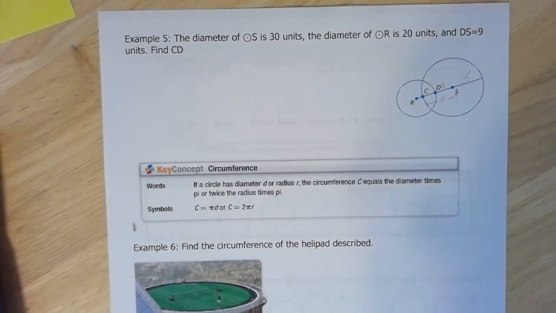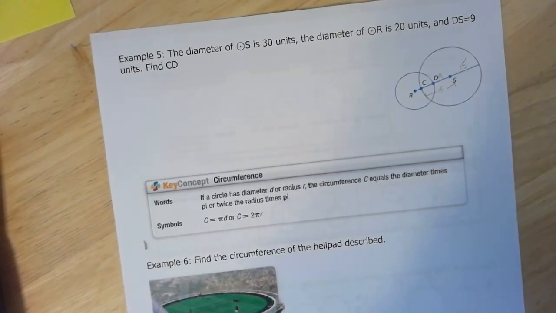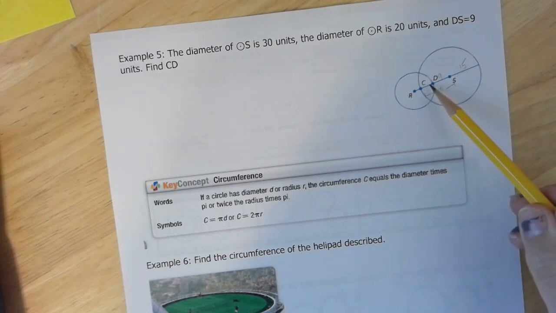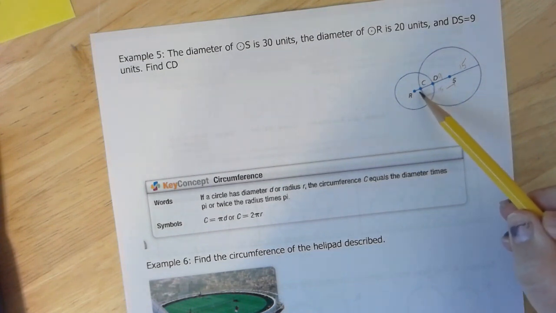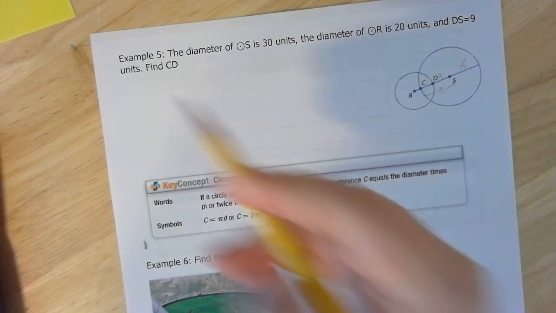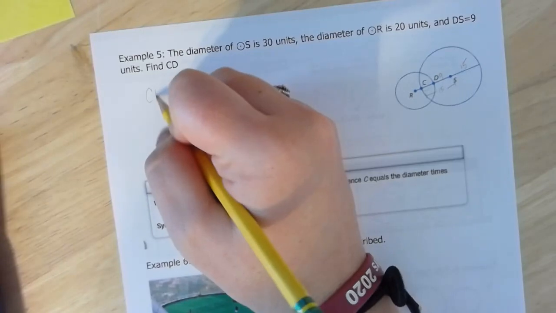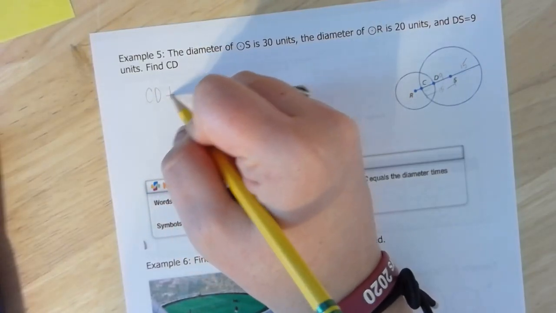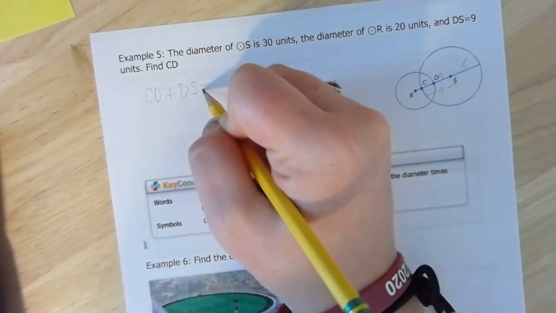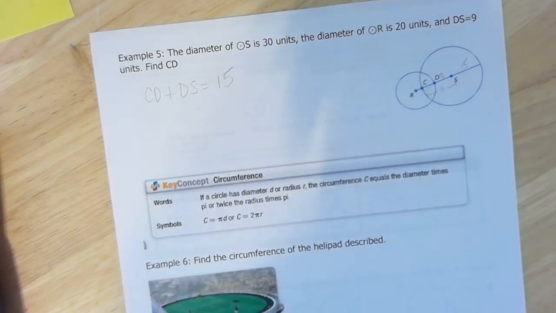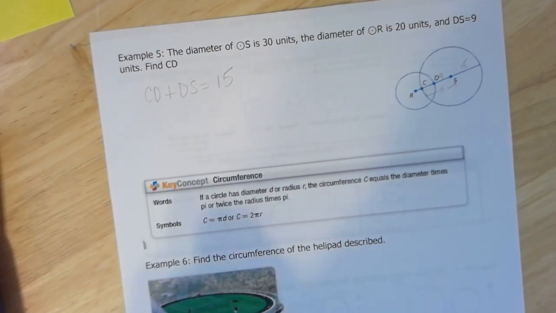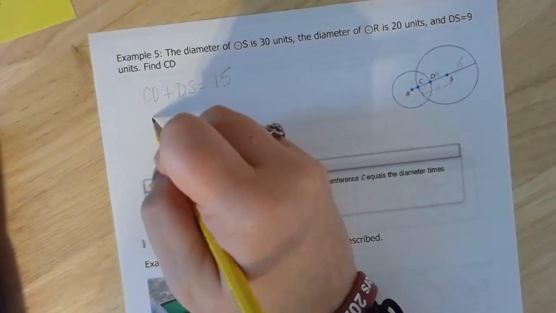Okay, so if we look at our picture, we know that C to D is what's missing, and we know C to S. We know C to S is 15. So we know that CD plus DS is going to equal my 15 C to S. So now it's just filling in information.